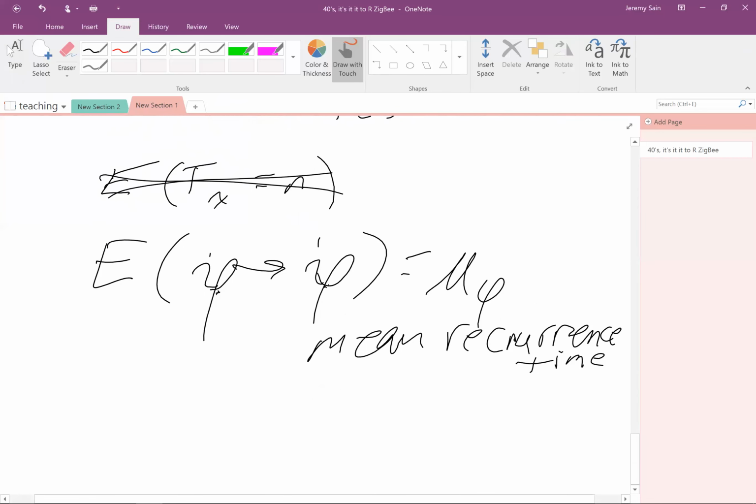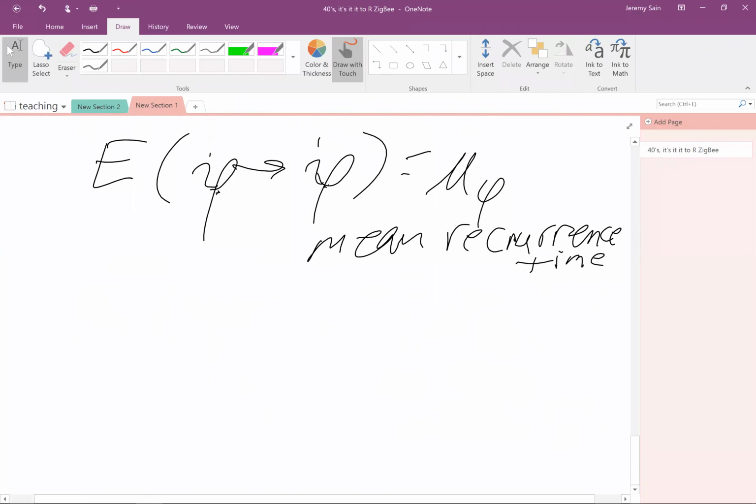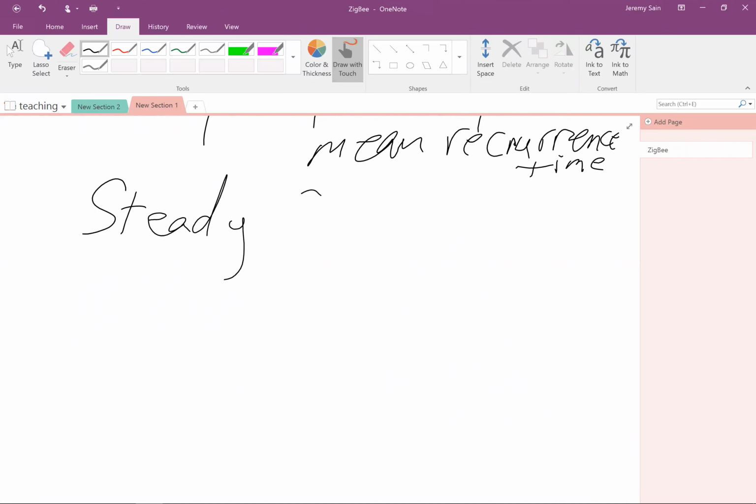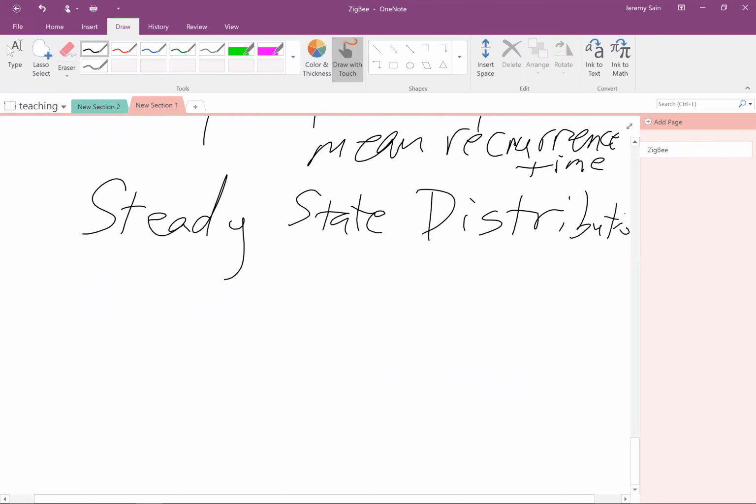Okay. So how do you go about computing this? Well, let me give you one more concept first, which is a steady state distribution. Which, if you've seen physics, this will make a lot of sense. And basically, you've got all your states that you could possibly be in.